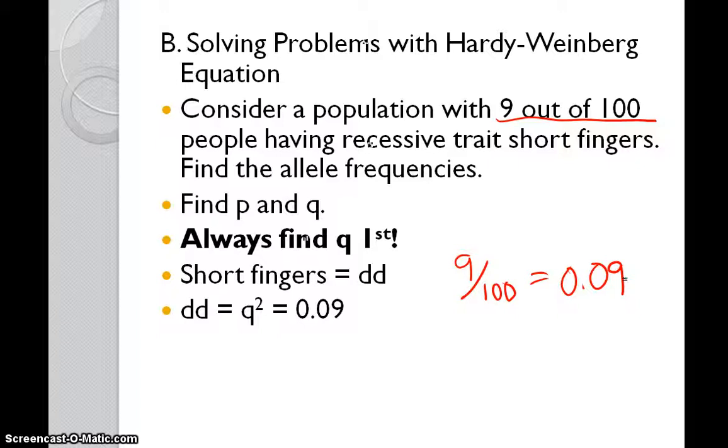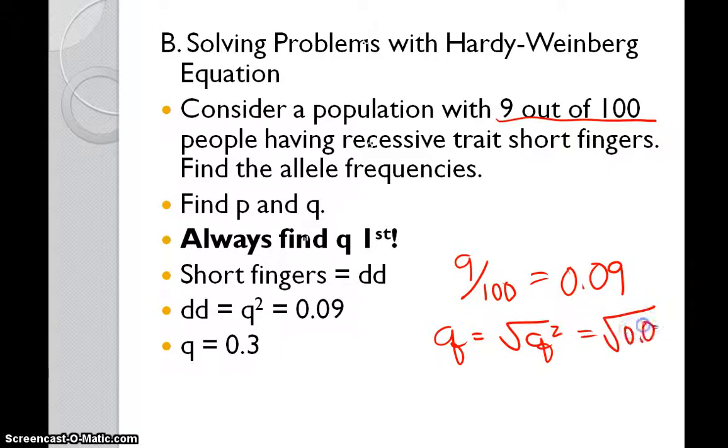Now, we haven't yet found q. In order to find q, we need to do one more step. Q equals the square root of q squared. So we need to take the square root of 0.09, and that is how we get 0.3. So q is 0.3. Once we have found q, we can now find p.